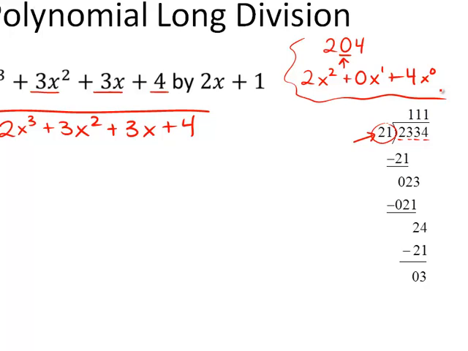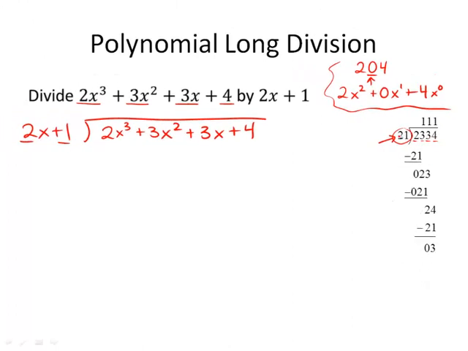Alright, let's apply the exact same routine that we did previously to this example. Now, the only thing is, we no longer have regular numbers like you're used to. We have polynomials. We can still guess, multiply, subtract, drop, and then guess again. We can still do all of that, but there's one difference.